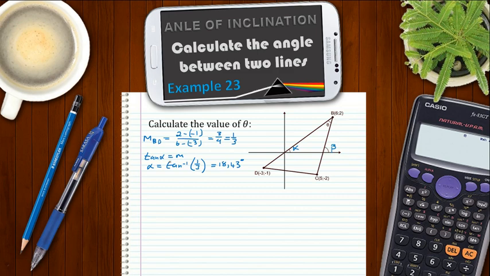Now for beta. Beta, we first need to find its gradient. So the gradient of CB is change of y, so 2 minus negative 2 over 6 minus 5. So that gives me 4 over 1, which is just 4. So tan beta is equal to the gradient.